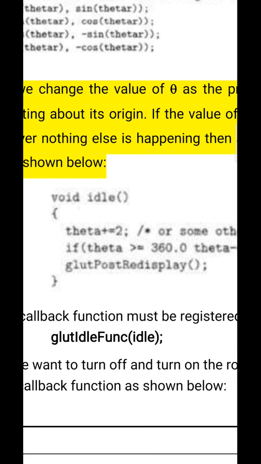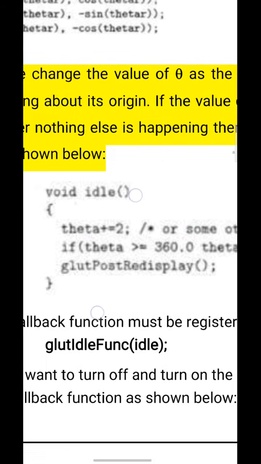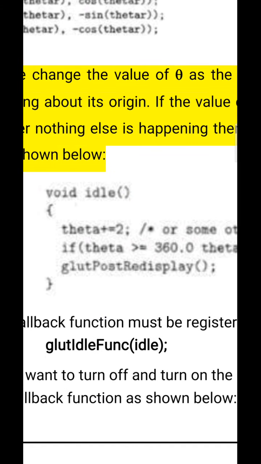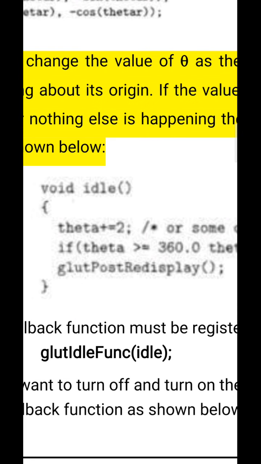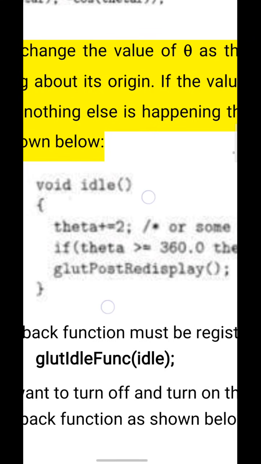If you want to reduce the speed of rotation, then you have to reduce the value of the angle you are mentioning. So as per this example, in void idle you update the value of theta. Theta equal to theta plus 2 we are doing, that is, the shorthand operator is used: theta plus equal to 2 is written.